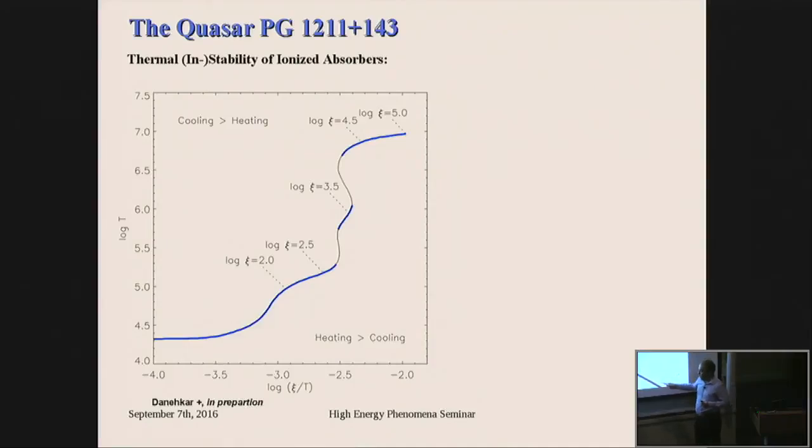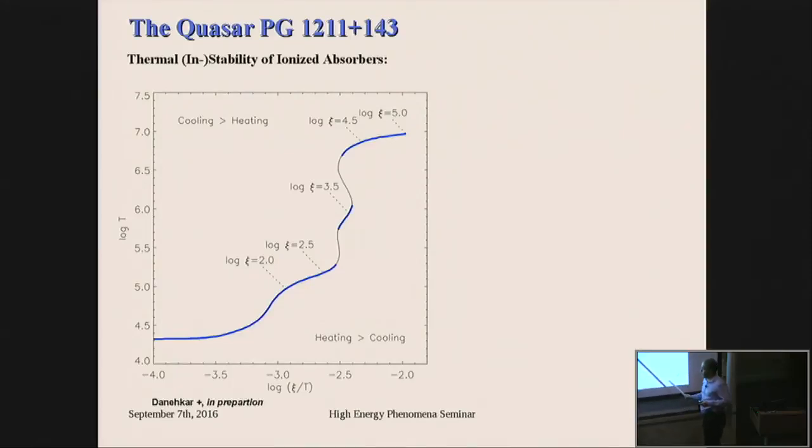So in this thick blue region, the gas is unstable. So the absorber component could exist only in this region, not in this region where it is unstable. So for photoionization, we use this theoretical tool to constrain the warm absorber. Right now, we fitted only one component warm absorber, which is here.